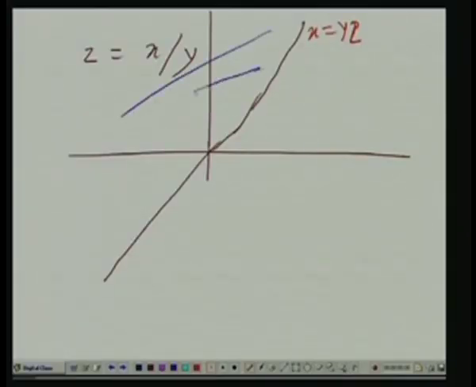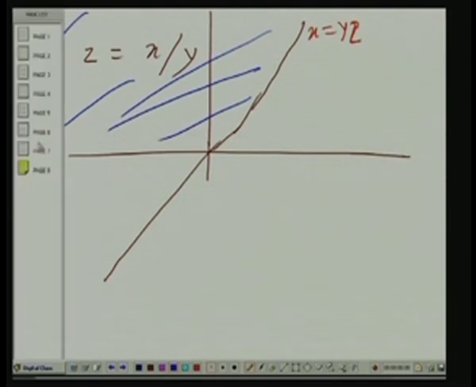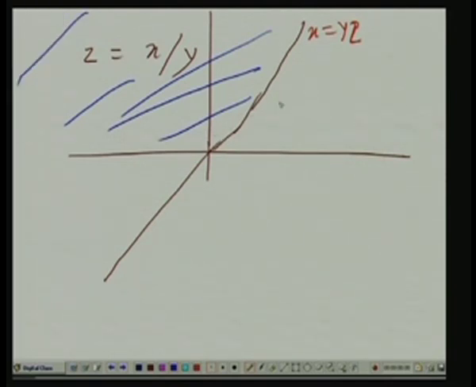In that case, if you start from here on this line and go to the left, for a fixed x, the value of x is becoming lesser and lesser.